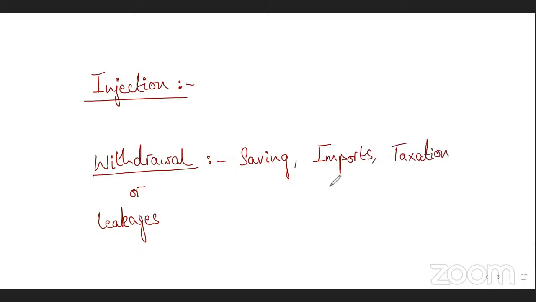So these are the three leakages: savings, imports, and taxation. And the three injections are investment, government spending, and exports, right? Does it make sense?